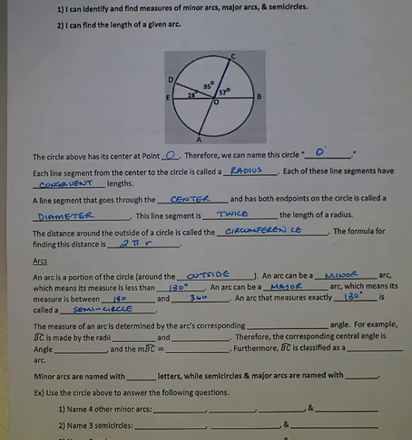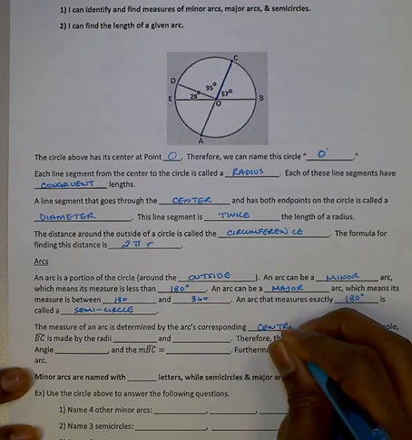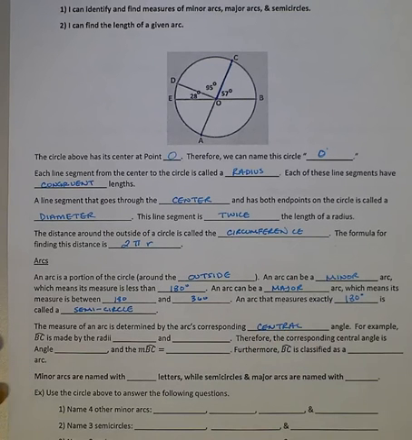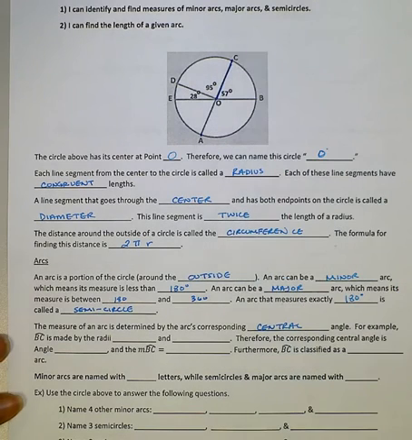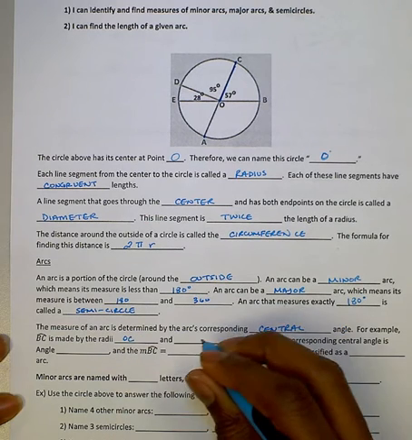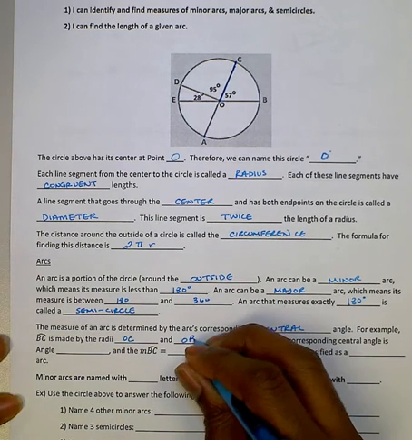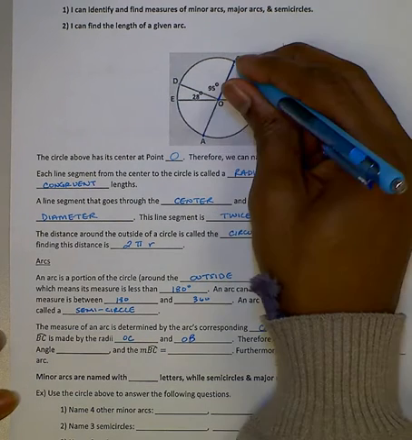The measure of an arc is determined by the arc's corresponding central angle. For example, arc BC here is made by the radii OC and OB. Therefore the corresponding central angle is angle COB.